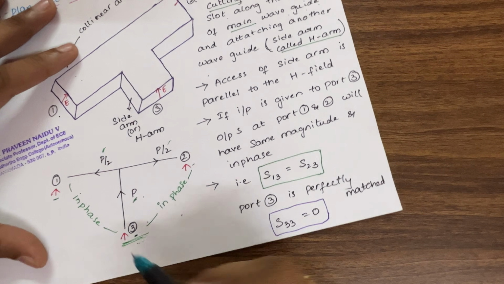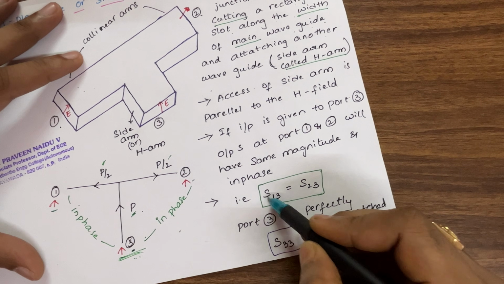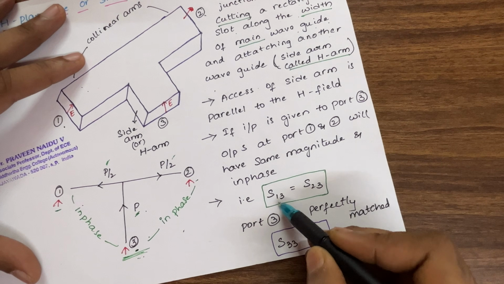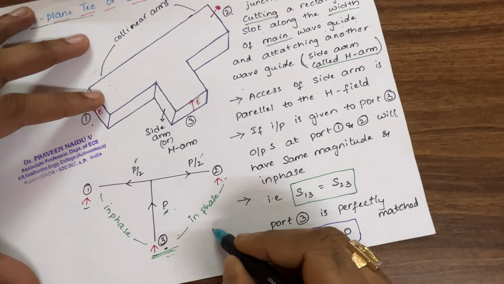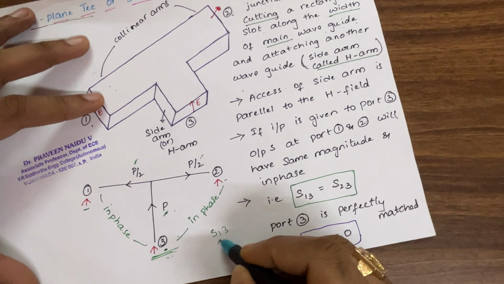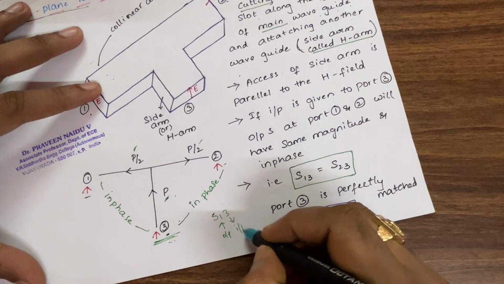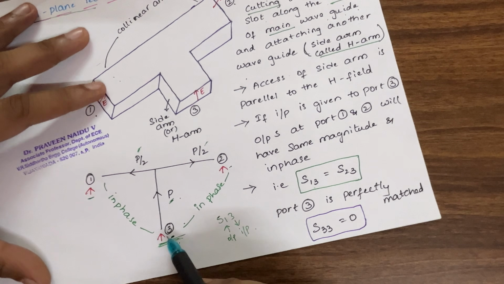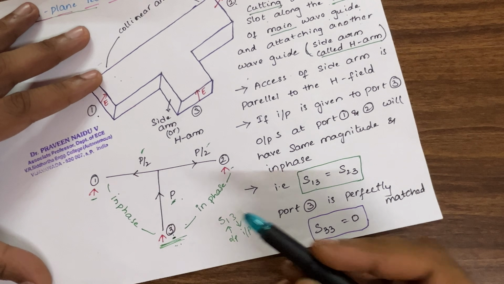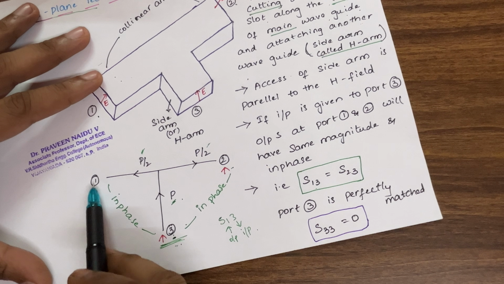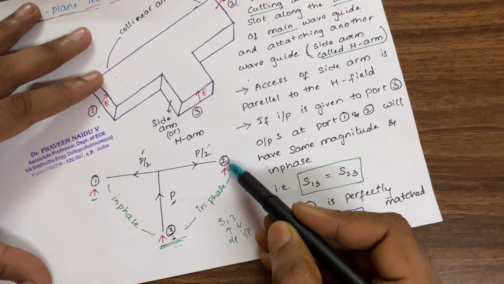Since we are applying input at port number 3, we can write S13. S13 means, as we have already discussed, the 1 indicates output and the 3 indicates input. Since we are giving input at port number 3, we are going to find the output at port number 1 and at port number 2.